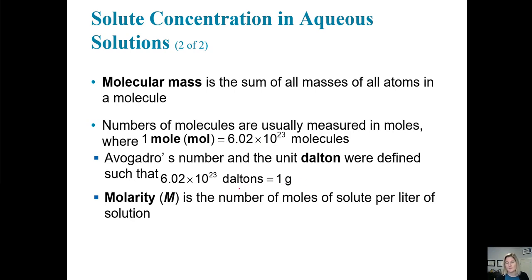Okay, so each gram of sodium would contain 6.02 times 10 to the 23rd Daltons. So the molarity is the number of moles of solute per liter of solution. The greater molarity indicates the greater solute concentration, the greater amount of solute in that particular solution.